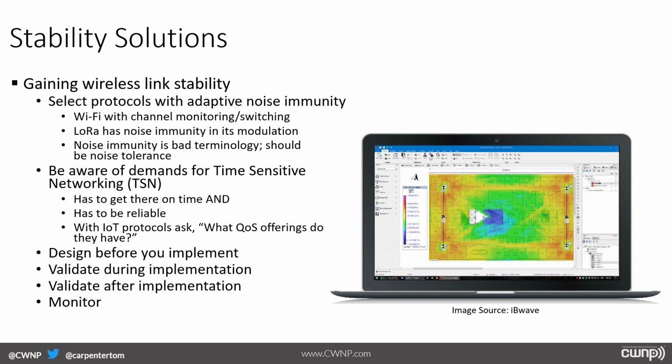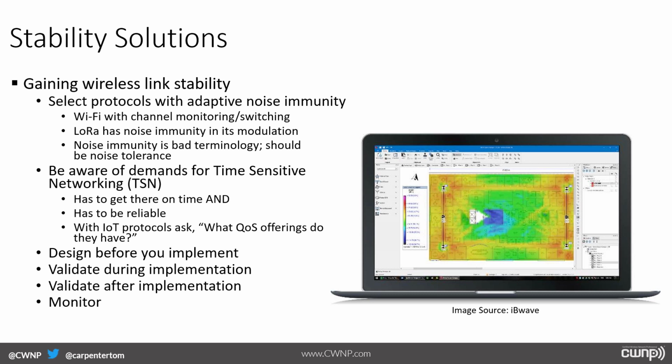So time-sensitive networking has been a pretty big buzz phrase in industrial networking for quite a while. I'd say 15 to 20 years ago we first started to see it discussed in the papers and journal articles and in more common publications, certainly in the last decade. The concept of time-sensitive networking is it's got to get there, and it's got to get there now.